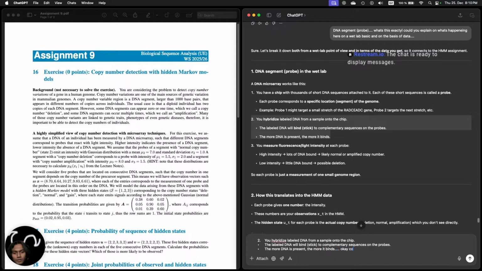Okay, could you explain this step in more detail? I have understood that the chip is somewhat like a dish with a lot of DNA sequences.